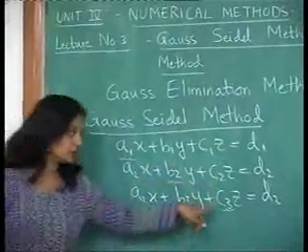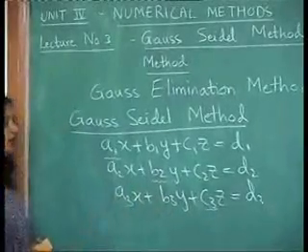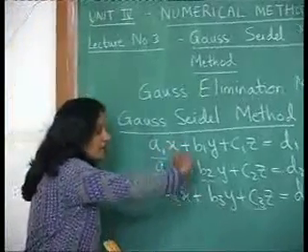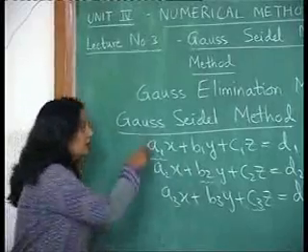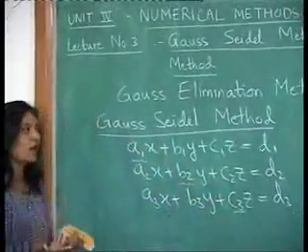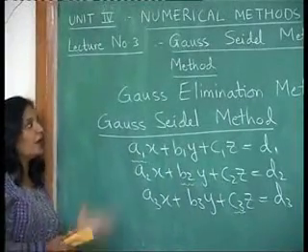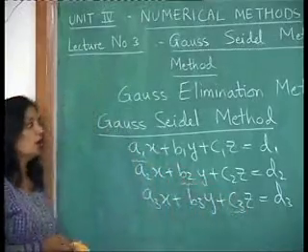And in the third equation, C3 has to be much bigger as compared to A3 and B3. If not, then you can always rearrange some of these equations in such a manner that the dominant numbers come along the diagonal. That's not going to affect the solution. But before applying this method, make sure that you have the biggest coefficients along the diagonal.